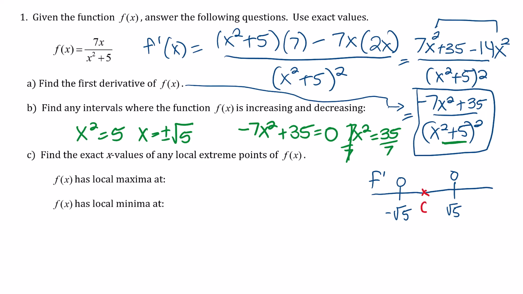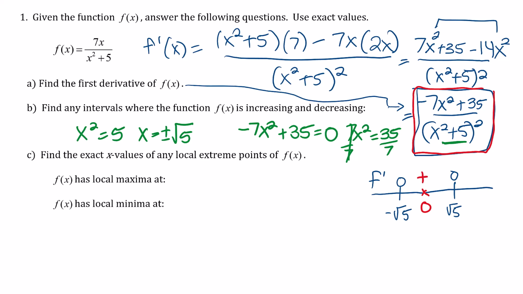I'm going to test 0. So I put that in the first derivative, which I've got boxed in right here. And if I let x be 0, I can see that in the numerator I just have 35, and in the denominator I would have just the 5 squared, and so it's going to be positive.